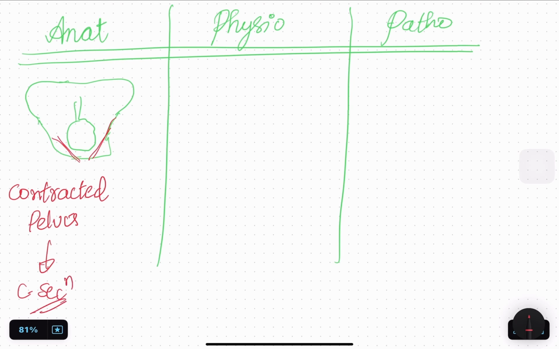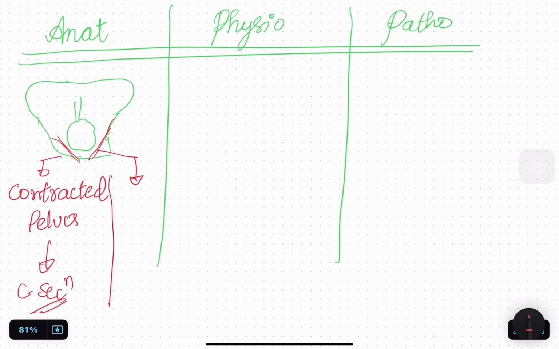One more condition: if the proportion of the head and the fetus does not match, then it's called cephalopelvic disproportion. Understand clearly, CP is different from CPD.